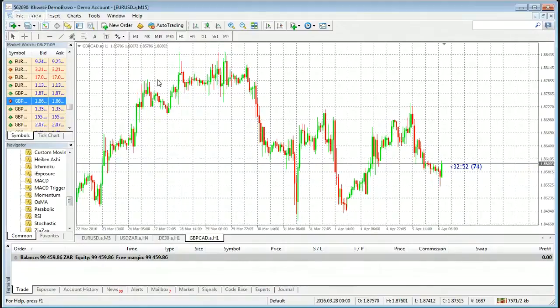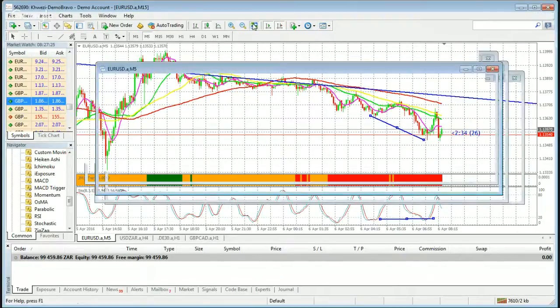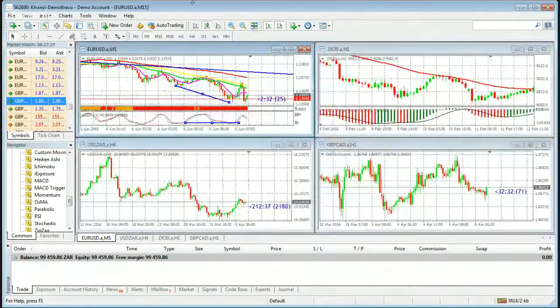Okay, that's the 1 hour. It's basically the pound Canadian dollar. Just gonna check back here. Let's actually set this. Let's cascade those. There we go. That's our trading chart.